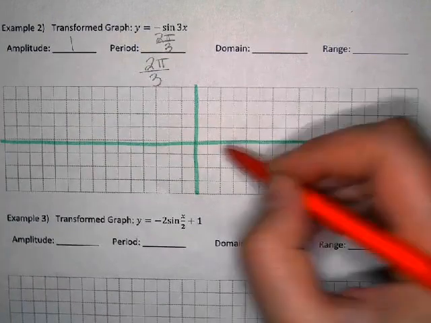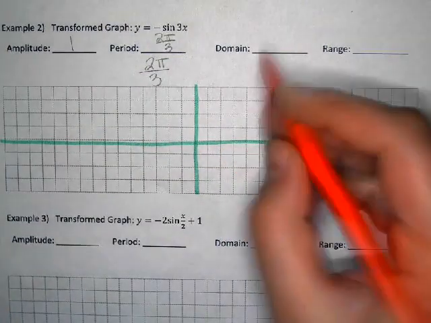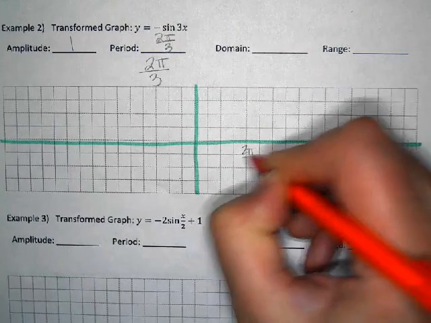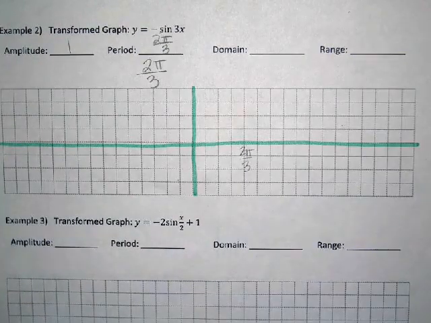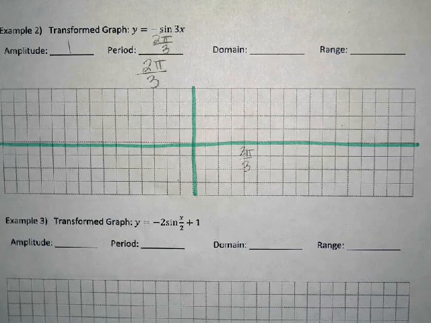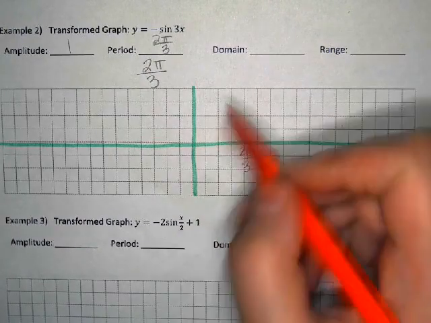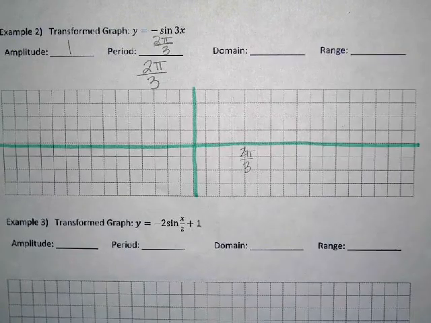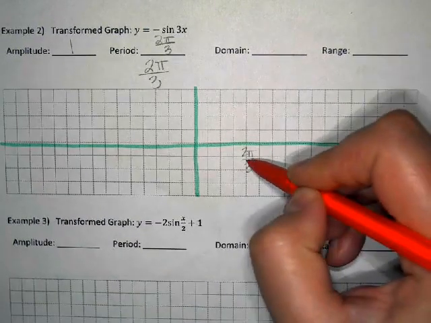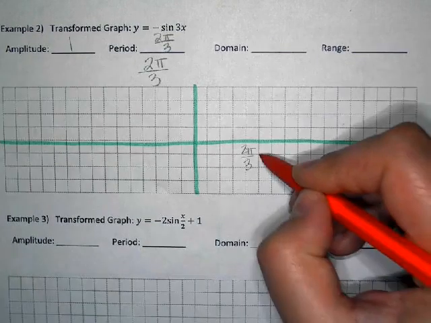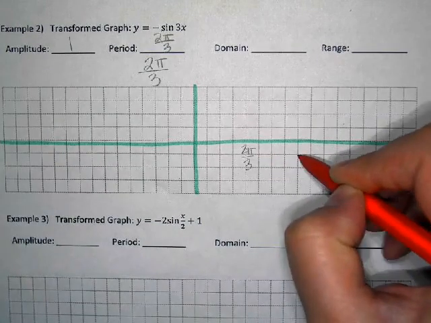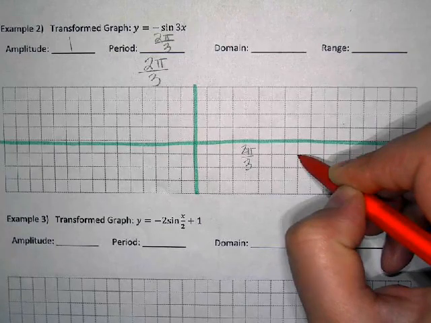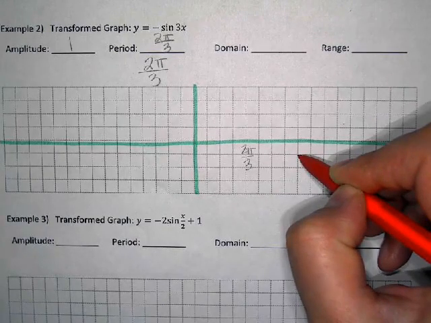Whatever the period of my graph is, that's how I count my 4 boxes, because when I draw this, I'm going to take the period of the graph and cut it in half and then cut it in half again. So whatever the period of the graph is, that's how I want to label it, because that's the easiest way to do this. Okay, so I did 2 pi thirds, and then I'll do 1, 2, 3, 4. If I do 2 pi thirds and another 2 pi thirds, how many thirds is that? That's 4 pi thirds.